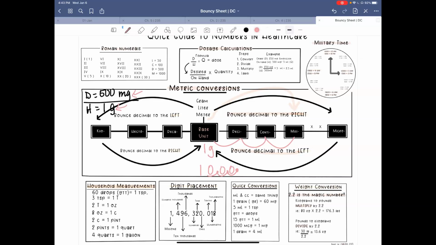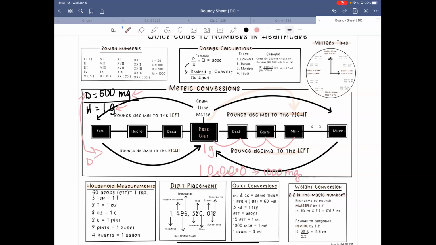And now our decimal is at the back. And so we're going to put a 0 there. Now you don't have to, but if you like to keep things straight, then you can. So 1 gram is the equivalent, when we clean all of this mess up here, to 1,000 milligrams, okay?